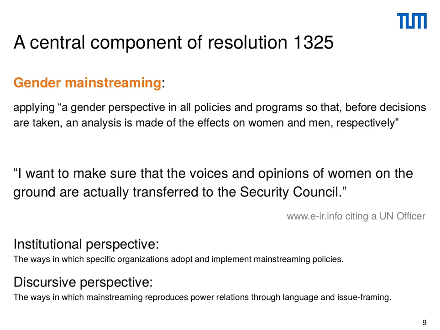And gender mainstreaming means that a gender perspective is applied in all policies and programs, so that analysis can be made of the effects on women and men respectively before any decision is taken.